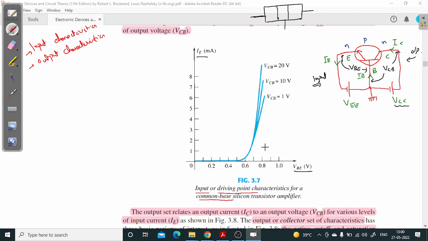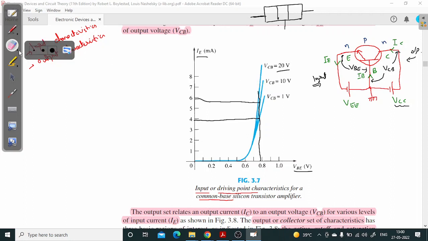At a particular voltage, at this point, if I draw a perpendicular line and compare the value of current, when VCB is 1 volt it is around 4 milliampere, and when VCB is 10 volts it is around 6 milliampere. So the current is rising, and similarly when VCB is 20 volts, it will become even more.